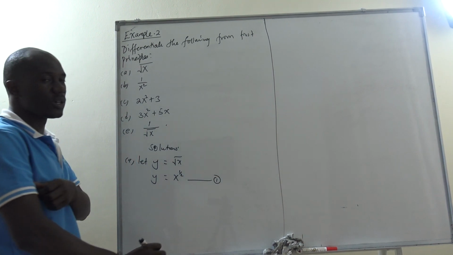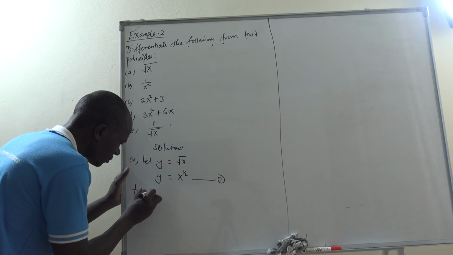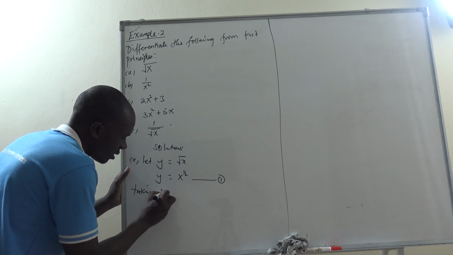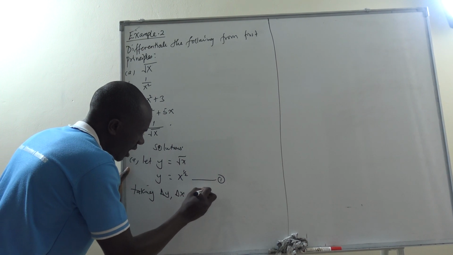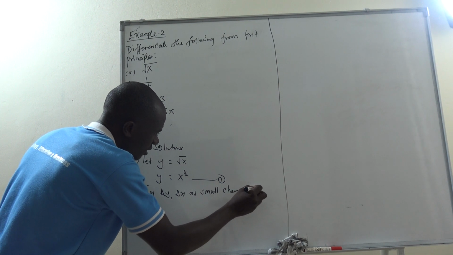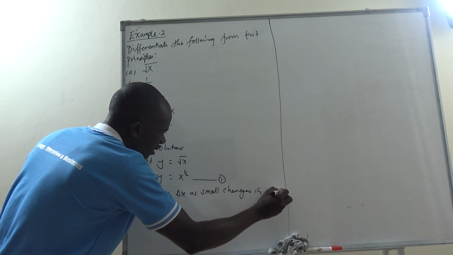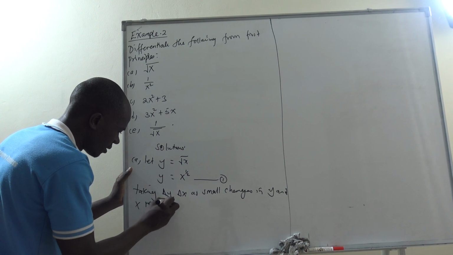This is the first equation. Then again, taking delta y and delta x as small changes in y and x respectively.